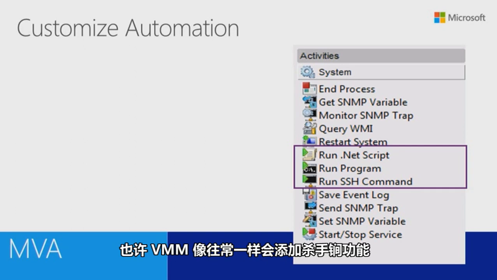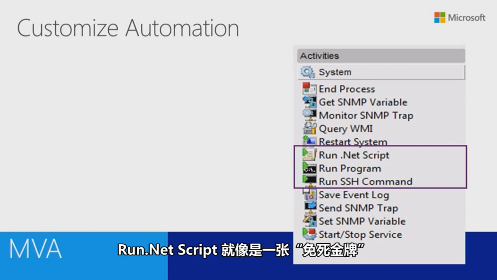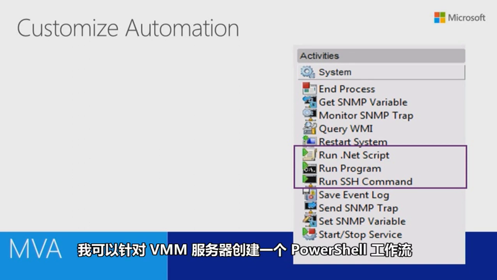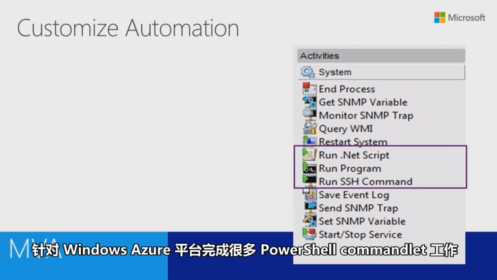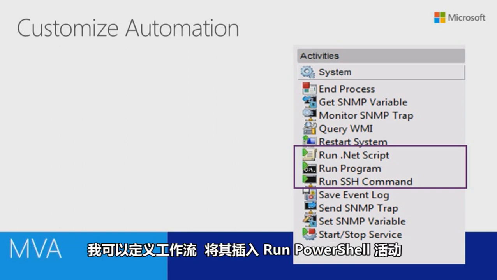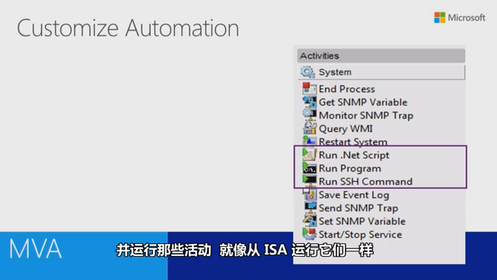Maybe VMM comes along like they always do and adds killer features as they go along. The run .NET script is almost your get out of jail free card. So I can compose a PowerShell workflow against my VMM server. I do a lot of PowerShell cmdlet work against the Windows Azure platform. And so I can define that workflow, plug it into the run PowerShell, and save that out and run those activities just like I would running it from the ISE, for example.